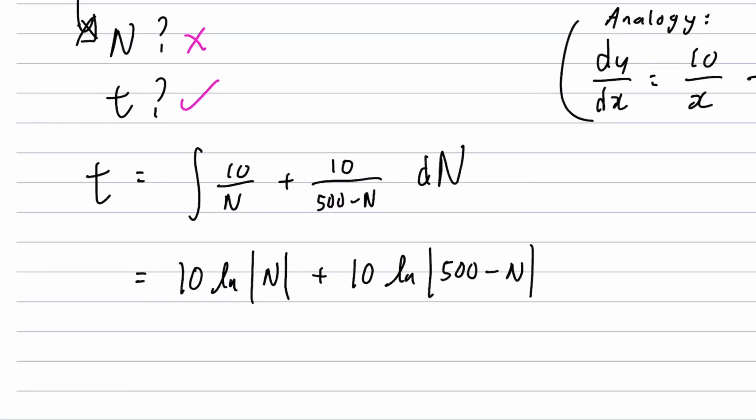Can you spot my mistake? This is correct. Here is wrong. Where's the mistake? Is it the 10 ln 500 minus n?